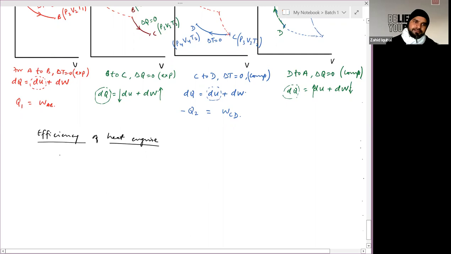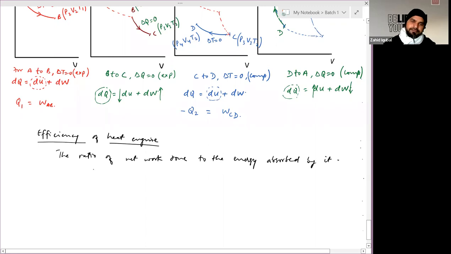So it is the ratio of net work done to the energy absorbed by it. So efficiency is equal to work done divided by heat absorbed.